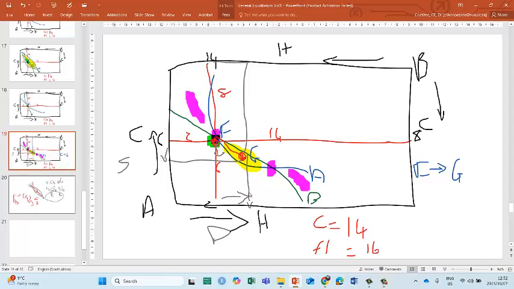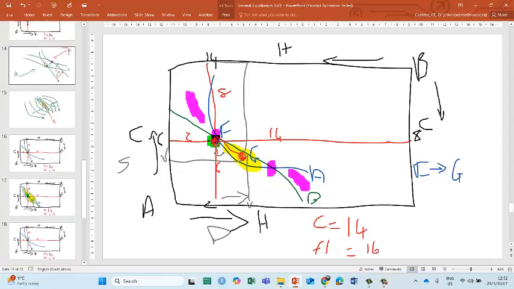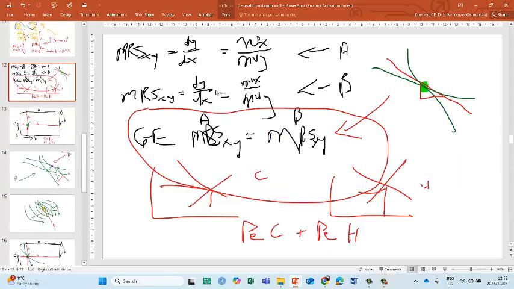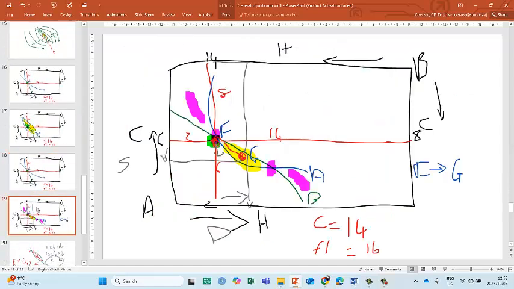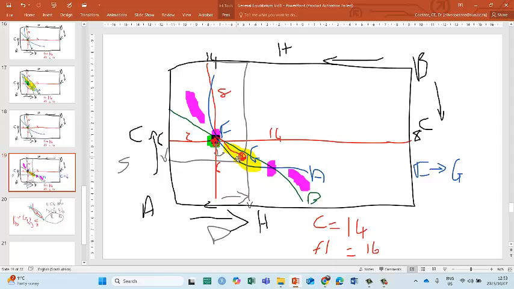And so at point G, we have a situation where the marginal rate of substitution of X and Y for A is equal to the marginal rate of substitution of X and Y for B. And therefore, this is what we call general equilibrium, and this is the efficient allocation of resources.